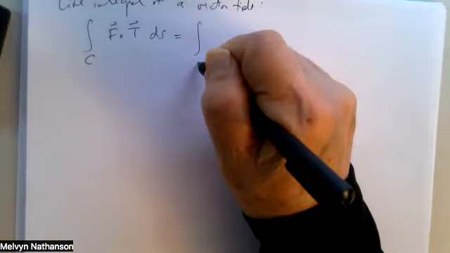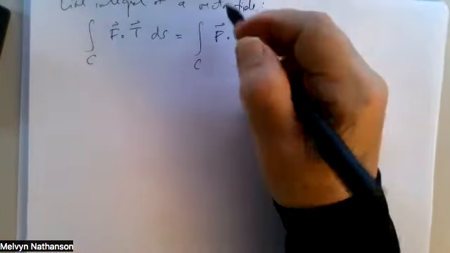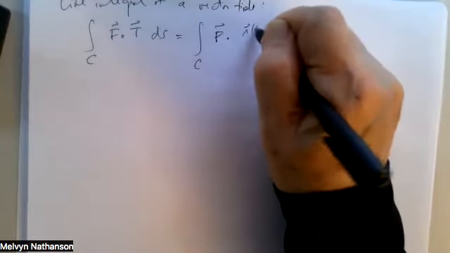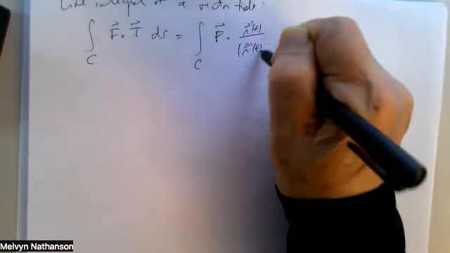This is the same as the integral around C of F dot product the tangent vector, r prime of t over the length of r prime of t. Let me write it more carefully.